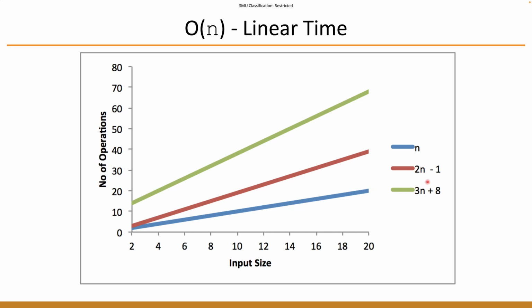With the increase of the n value by 1, you know that the increase in the number of operations will be constant. That will be represented by the coefficient over here, right? So the growth behaviors are exactly the same, although the exact counts are different. Because of that, we consider them as belonging to the same category.